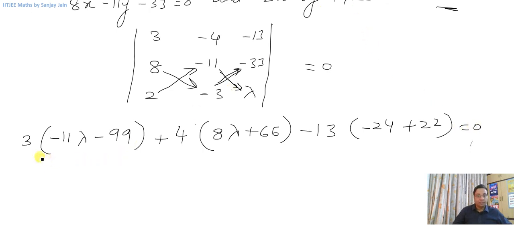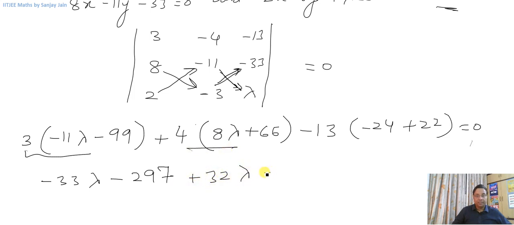So now let us calculate. This is minus 33 lambda, and this is minus 3 into 99, that is 297. This is plus 32 lambda and plus 264, minus 24 plus 22 is minus 2. So minus 2 into minus 13 is plus 26, and it is equal to 0.